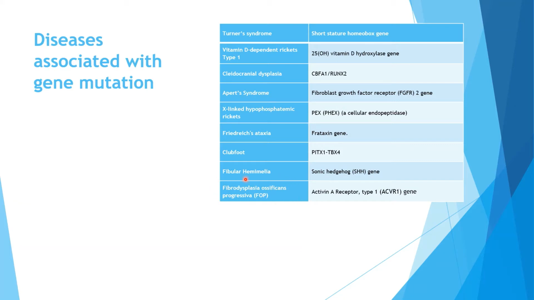Sometimes they will give you also an X-ray of exuberant calcification, like in the shoulder, with a calcification of basically most of the muscle around the shoulder, and they will ask you what is the basis of that. It is due to affection of the gene activin A receptor type 1. So this is one of the commonly asked questions in the exam.